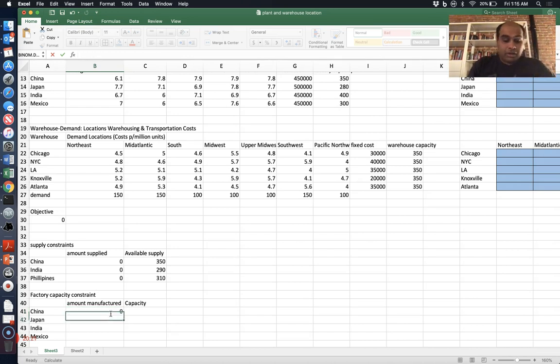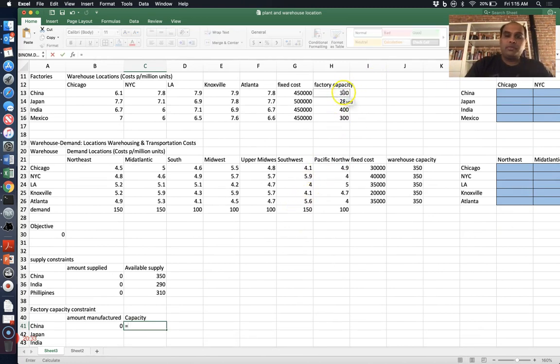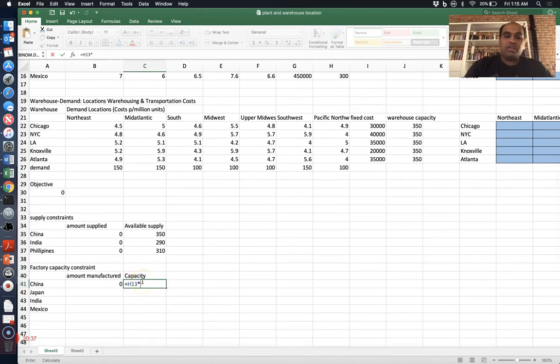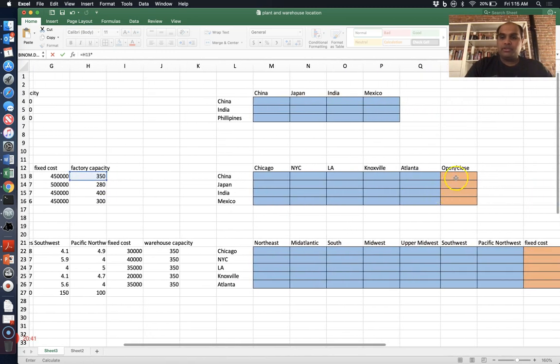And this cannot exceed the capacity of the Chinese plant. So what is the capacity of the Chinese plant? The factory capacity is 350, but that capacity is only available if the Chinese plant is open, if we make the decision to open the Chinese plant. So we're going to multiply it with the corresponding Y value.